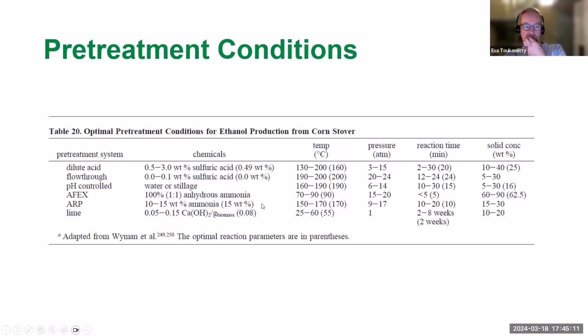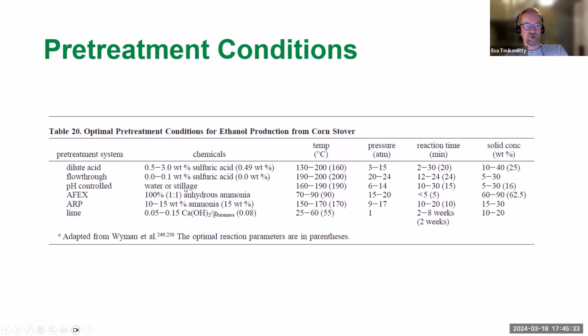So the chemicals that are applied, of course acid. So you apply sulfuric acid. There is just a small difference in concentration in the dilute acid and flow-through acid treatment.